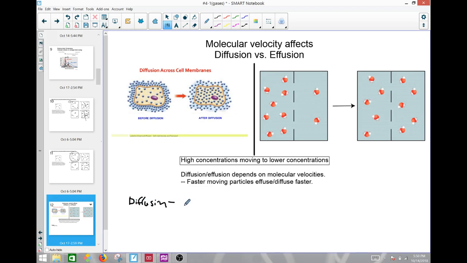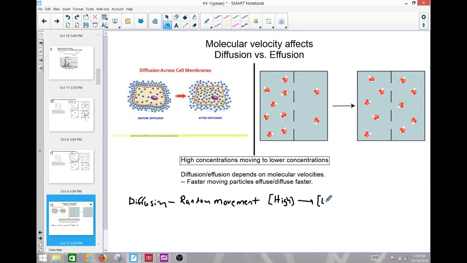Diffusion occurs because of the random movement of particles, just in open air. Because of this random movement, things of high concentration move to areas of low concentration.